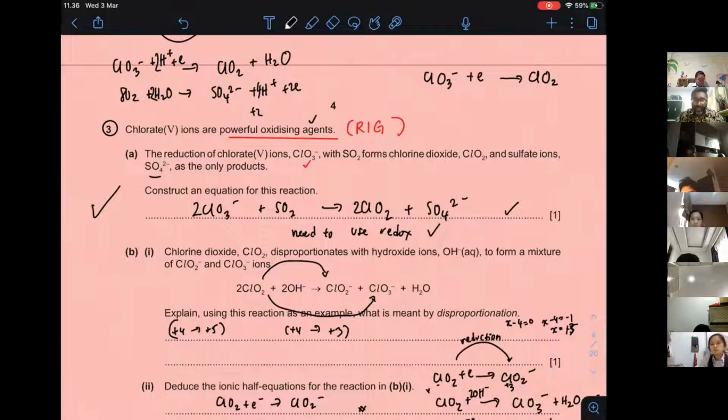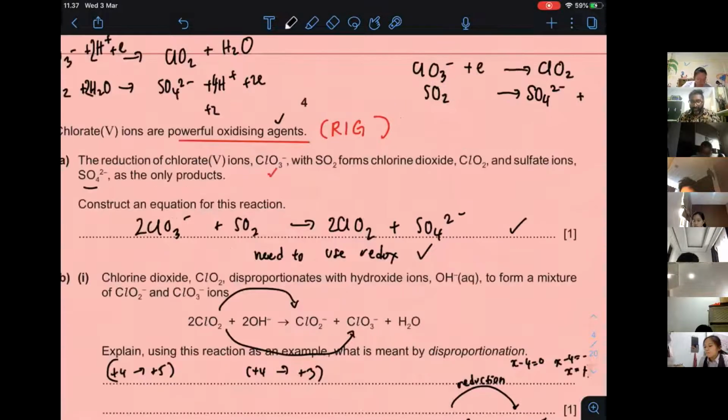They are going to gain electrons. And then the second one is going to be SO2 changing into SO4 2 minus. Since this one is losing electrons, of course here will be plus electrons here. Anyway, we try to work using this first.